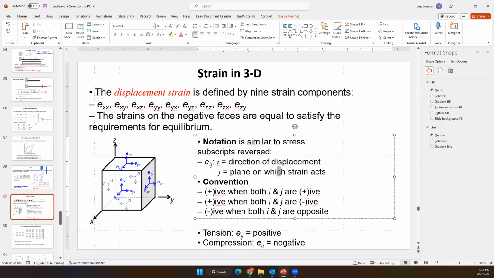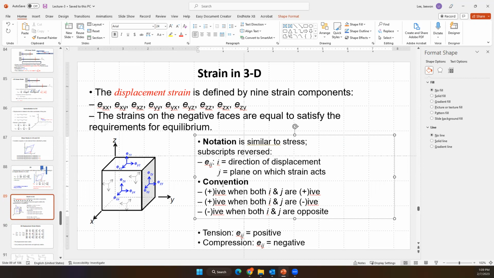X direction strain, yeah. So in the case of EXY, the displacement could happen in the X direction, but the strain acts in the Y direction.